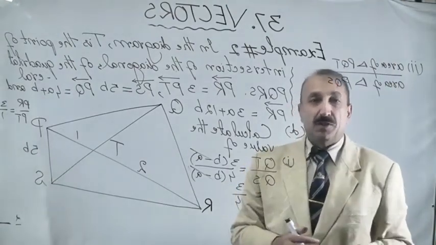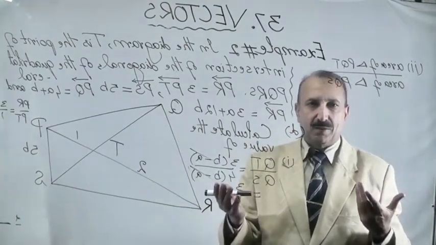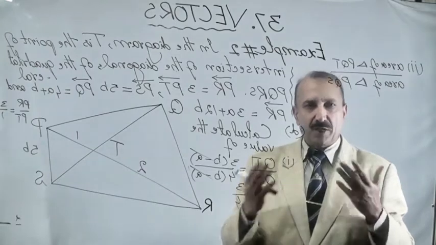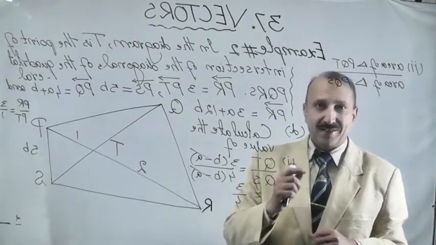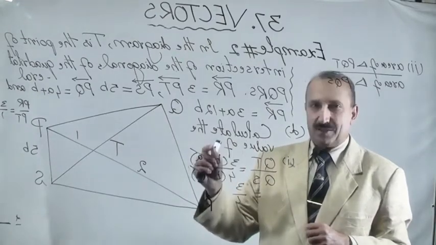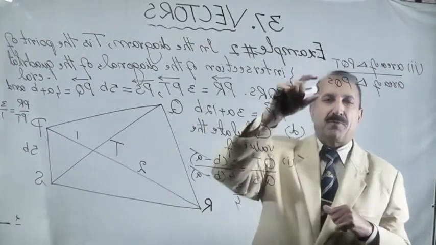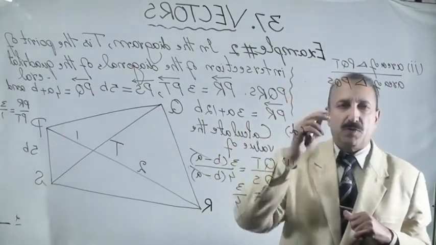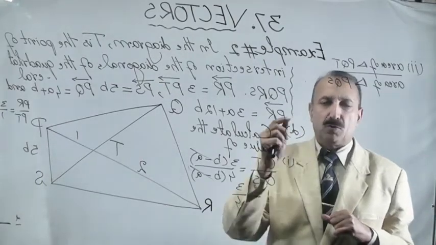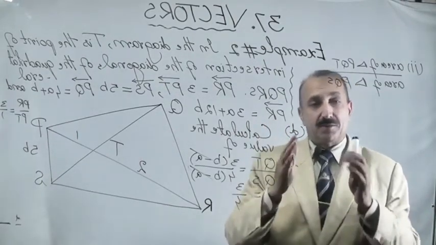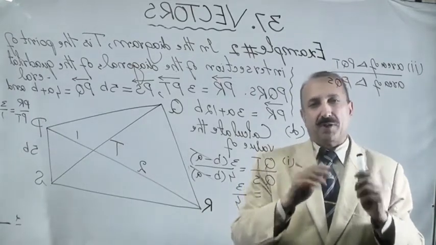Number 1, there is a possibility that the given triangles are similar triangles, or the given figures are similar figures. If the given triangles are similar, then for finding the ratio of area, we will use the formula A1 over A2 equal to L1 over L2 whole square. This is the formula for finding the ratio of area of similar figures.